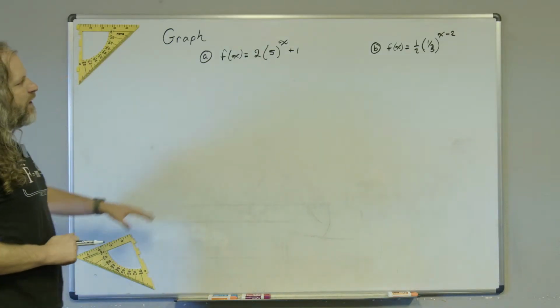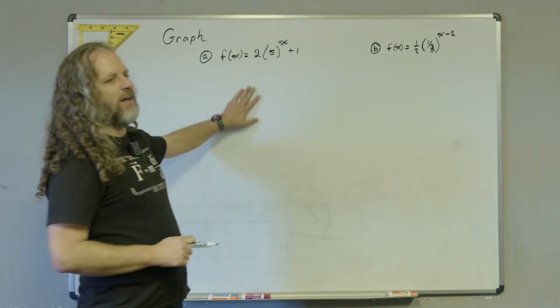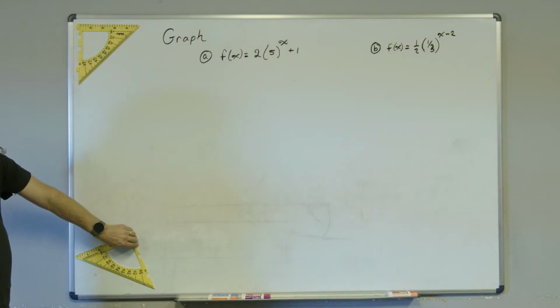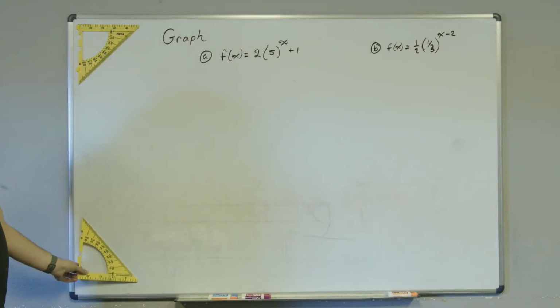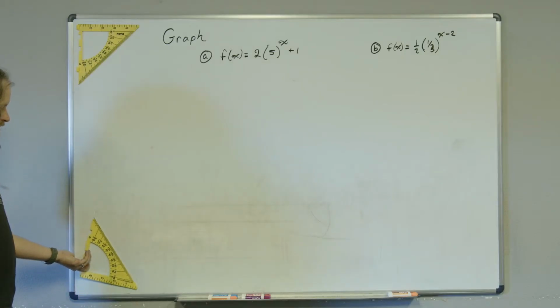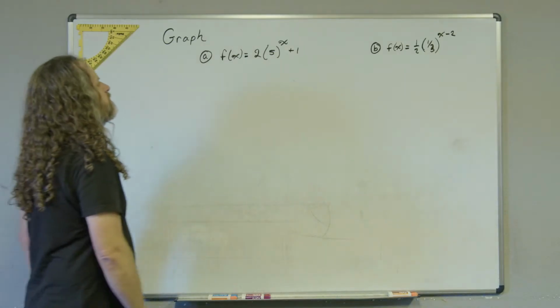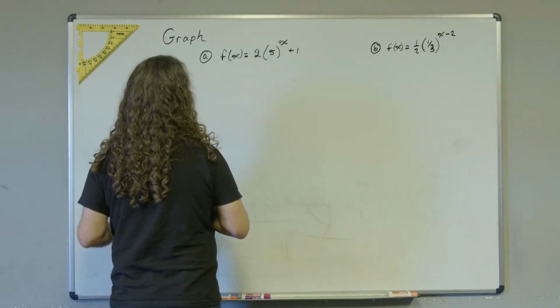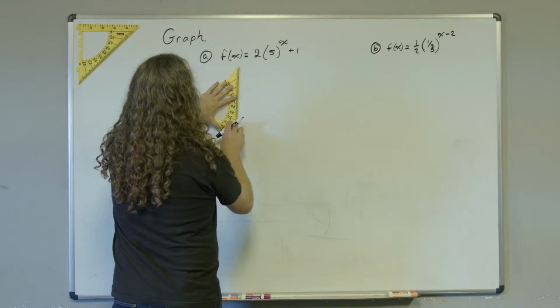All right. So, if we're going to graph this, what is it going to look like? It's going to be slightly vertically dilated in a positive way, slightly horizontally dilated, and it's going to be translated vertically up one space.